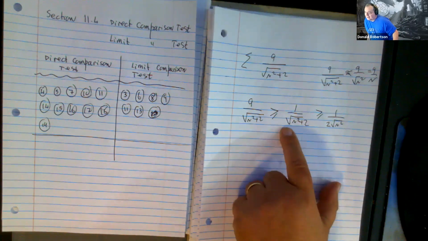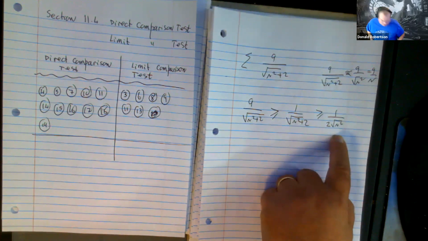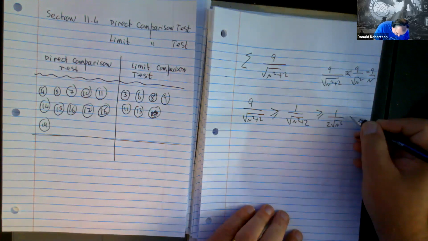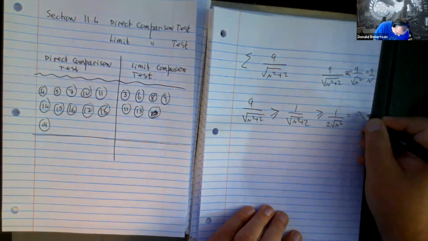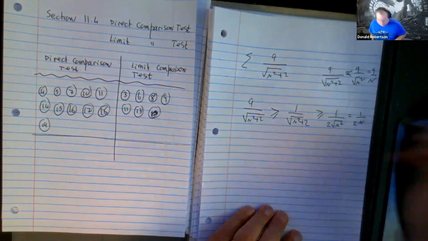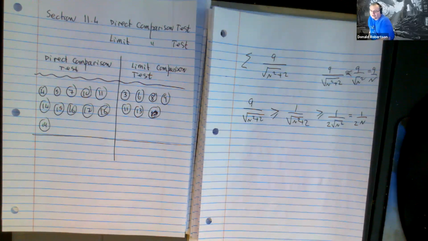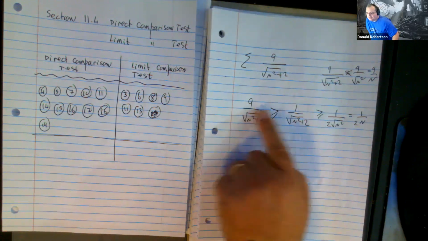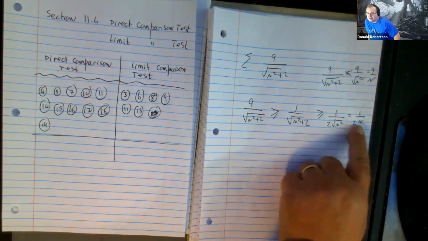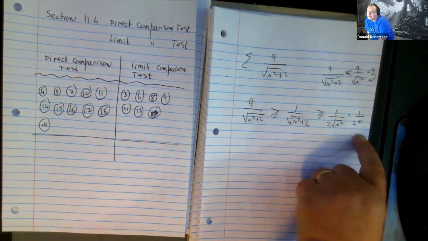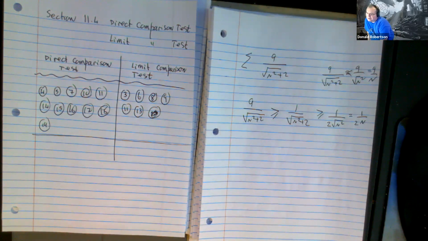Well, try a number like 5. Yes, he is. And isn't this guy a p-series that diverges? My guy is bigger than a p-series that diverges. My guy diverges. You see, the method is a little bit clunkier this time.